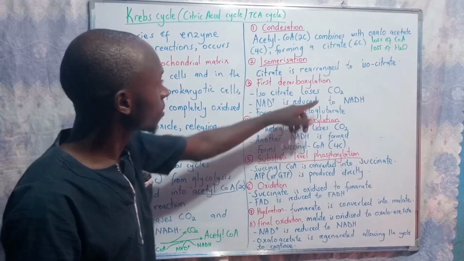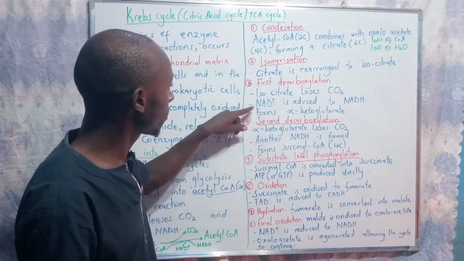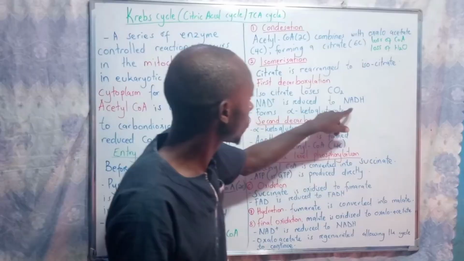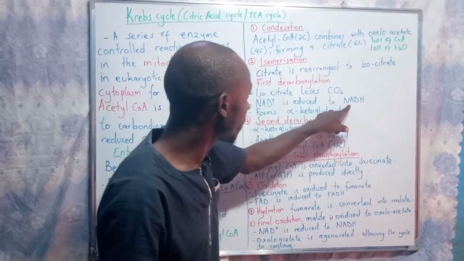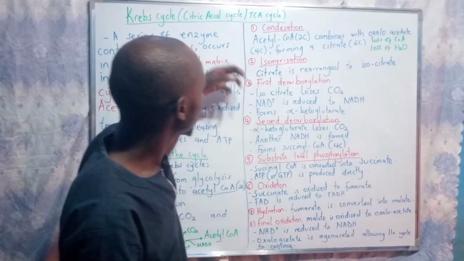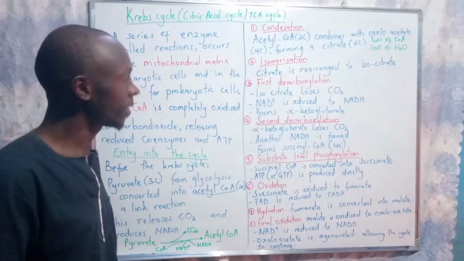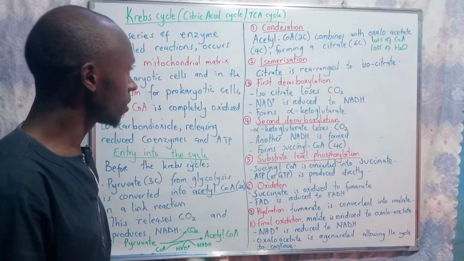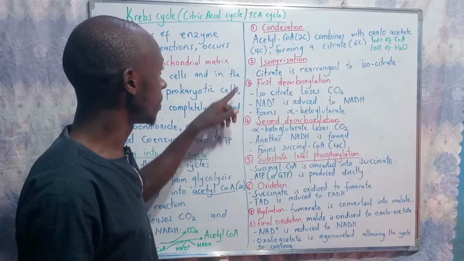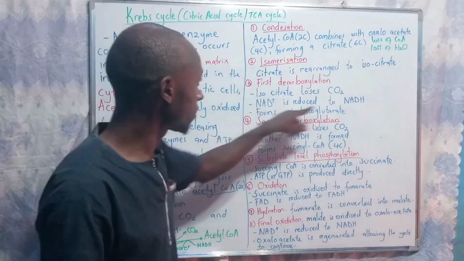And decarboxylation is going to be followed by oxidation, whereby we have oxidized NAD and reduced NAD. Remember, this oxidized NAD is going to pick up a hydrogen from our isocitrate. So when hydrogen is lost, that is oxidation. So oxidation and decarboxylation occur at the same time in stage number 3, because we have reduced NAD being produced.